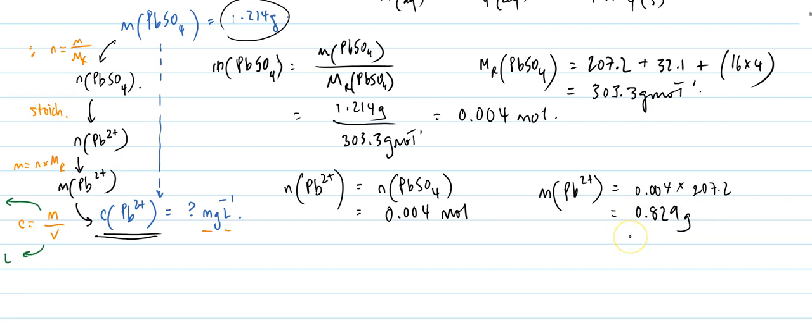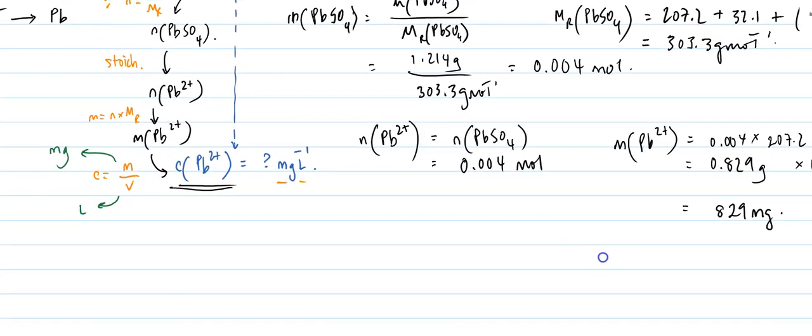Now we want it in milligrams because the concentration is asking for milligrams per liter. So to turn this into milligrams, you know that there's 1,000 milligrams in a gram, so you would multiply this by 1,000. That gives you 829 milligrams of lead.